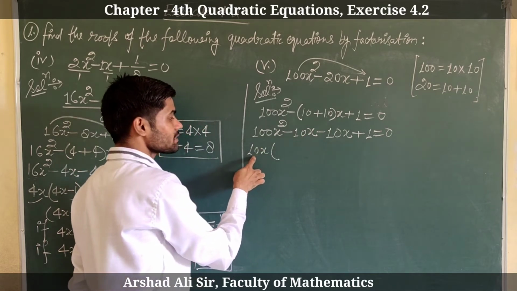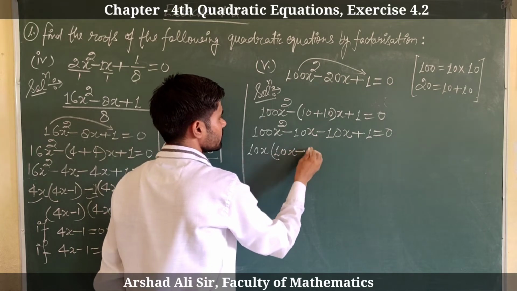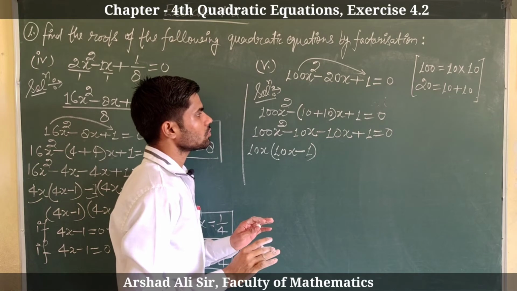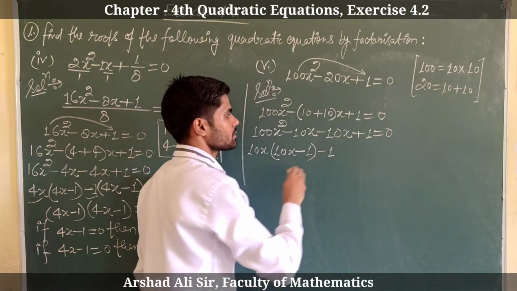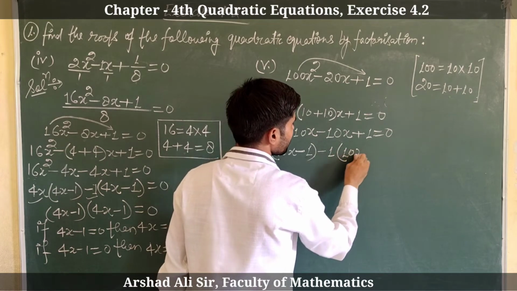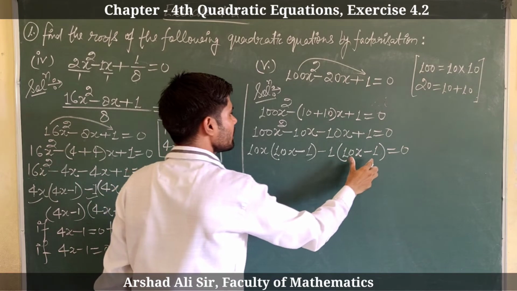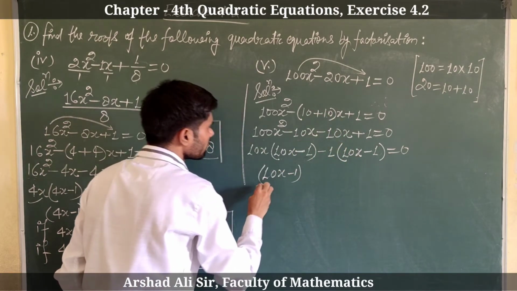After taking 10x as a common, here 10x will remain, minus here minus 1. From these two terms there is no common term. Now in this condition we can take minus 1 as a common. Now here 10x will remain, and here minus 1. 10x minus 1 is the common term.